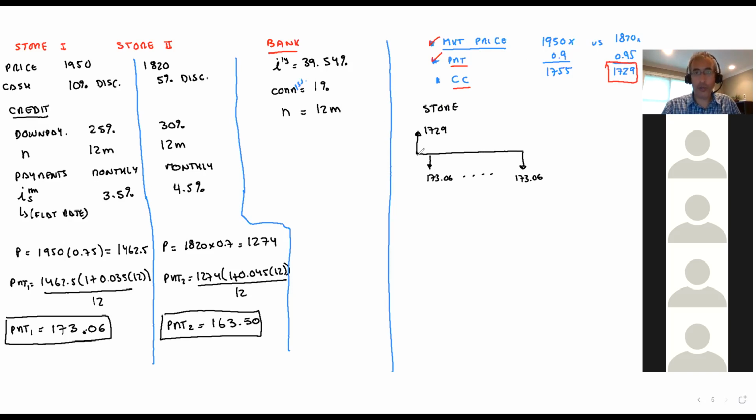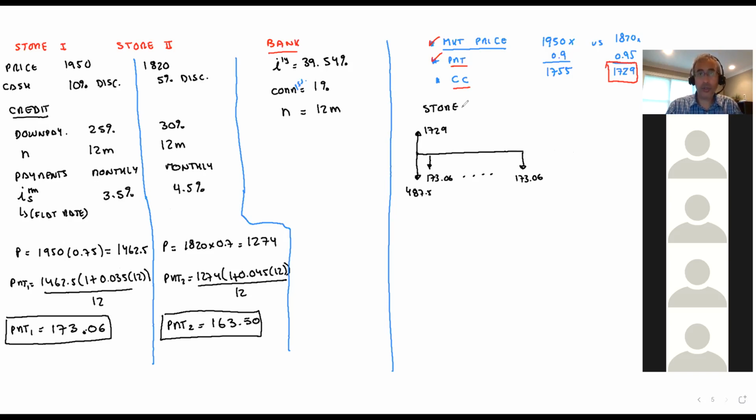However, I need to do another payment, guys. I completely forgot about this one. I need to do a 25% down payment here. So it is 1,950 times 0.25, so I need to pay 487.5.